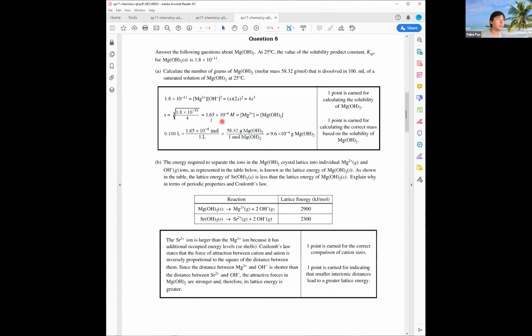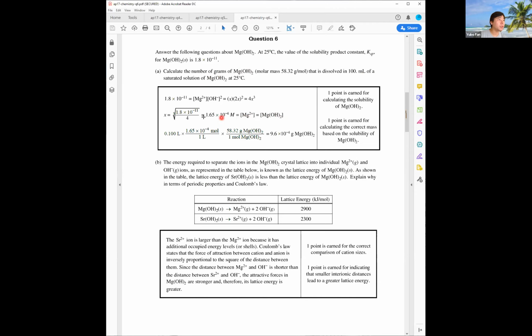In the end, we have the concentration x equals 1.65 times 10 to the minus 4 molar, which is the magnesium cation's concentration, and this is a 1-to-1 ratio to magnesium hydroxide. So that's the saturated concentration for magnesium hydroxide. Then we need to convert it to the mass in 100 milliliters of solution.